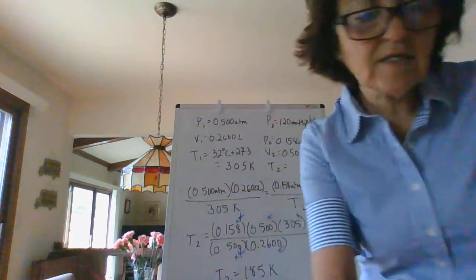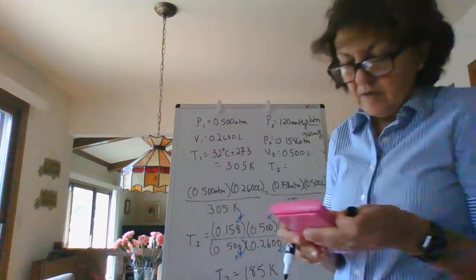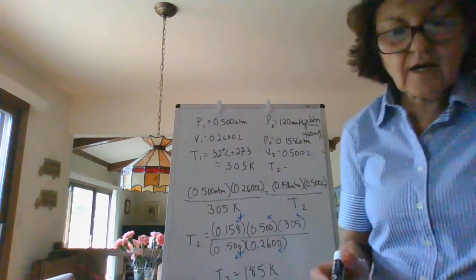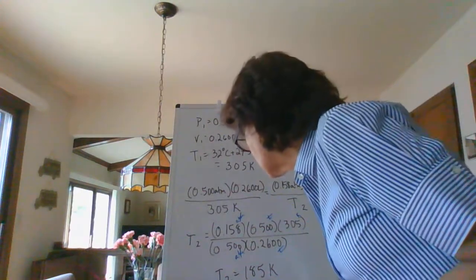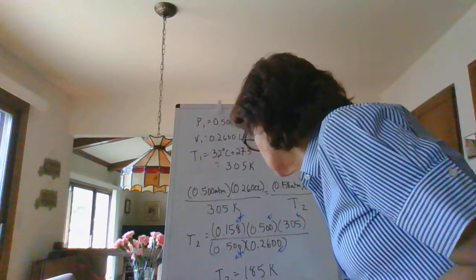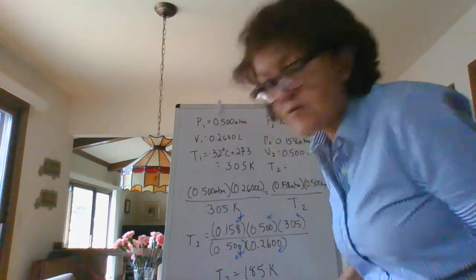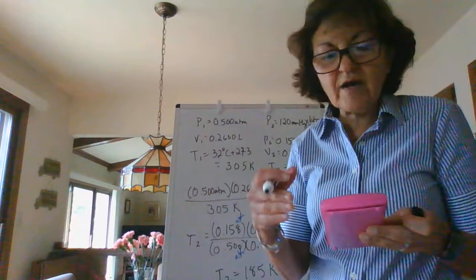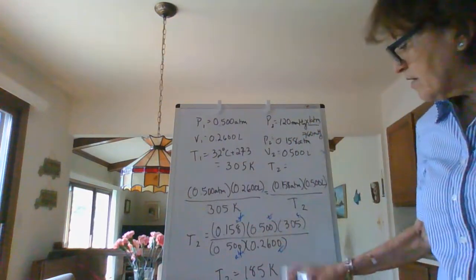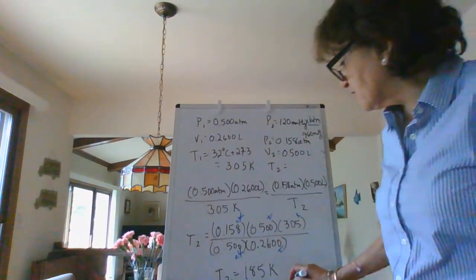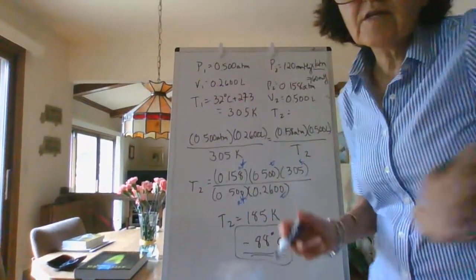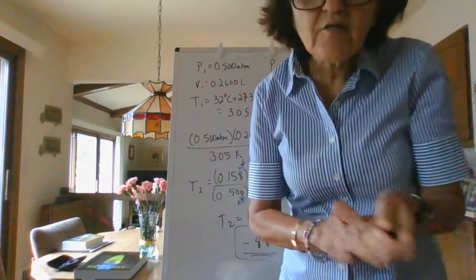What if I want it in Celsius? I'm going to subtract 273, and I end up with minus 88 degrees Celsius, because what you end up with is minus 87.65, rounded up, because you want no decimal places. Anyway, so this is your final answer here. Let's see. Hopefully you can see that. Okay, good. So that's the combined gas law.